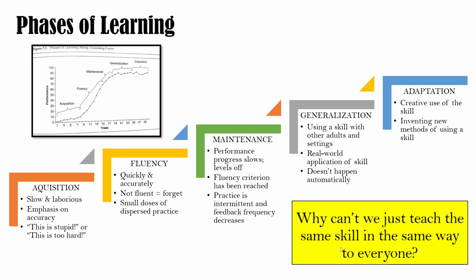So if you want to work on fluency, getting them to do their math facts as quickly and accurately as possible, or sight words, or whatever it is that you're teaching, and the kids haven't actually acquired those skills, then they're not going to be successful in the fluency phase, and therefore they're going to get frustrated and you're going to get challenging behavior. So keep that in mind.